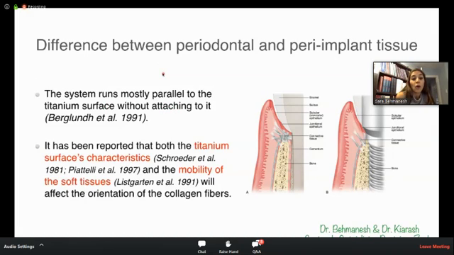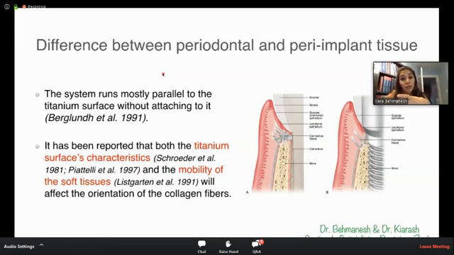Now, as we talked about, since this system is running differently, the surface characteristics of the implant, what kind of titanium characteristic we have, plays an important role in the attachment, and also the mobility of the soft tissue plays an important role in the attachment of the tissue to the implant. So if the tissue is more mobile, these fibers are not going to be as firmly hugging the implant surface.